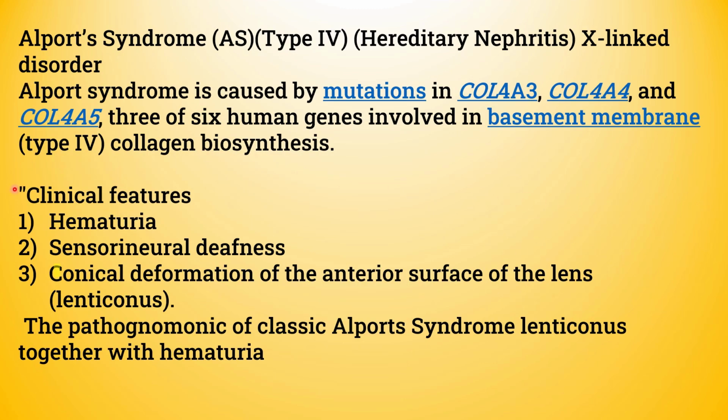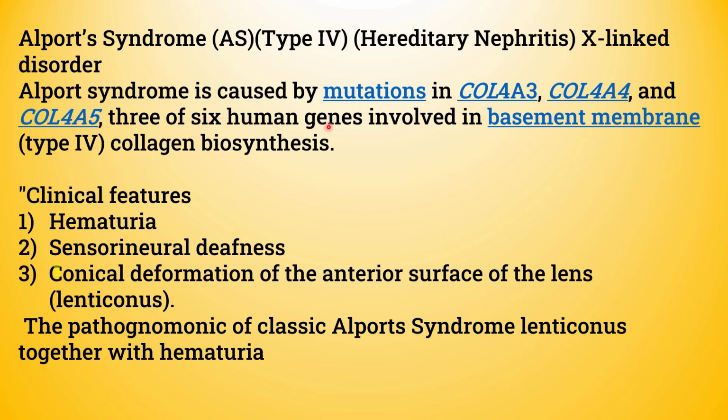And the last one is Alport syndrome. Here a type 4 collagen is involved, and patients present with hereditary nephritis. It is an X-linked disorder, with a mutation of the genes collagen 4A3, 4A4 and 4A5.